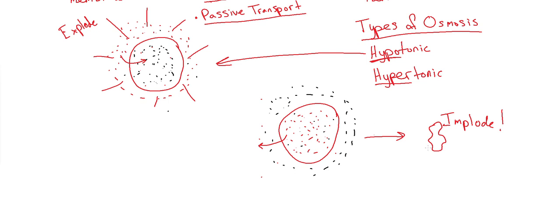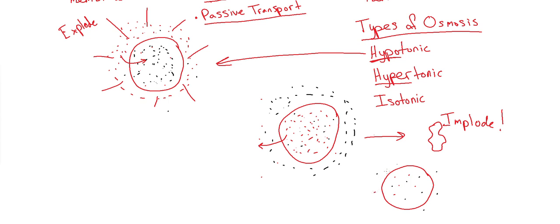And finally, the last type of osmosis is isotonic. You're probably saying, well, there can't be anything else, because hypotonic is when there's more water outside the cell, and hypertonic is when there's more solute outside of the cell. So what's isotonic? Isotonic is when the concentration is balanced, so there's the same amount of water as there is solute outside and inside the cell.